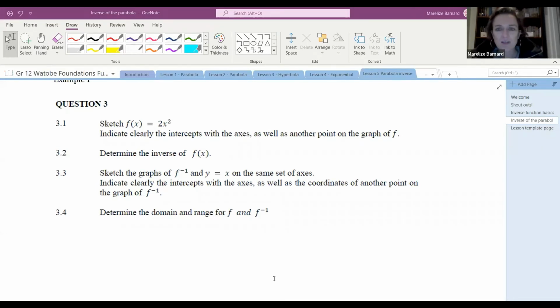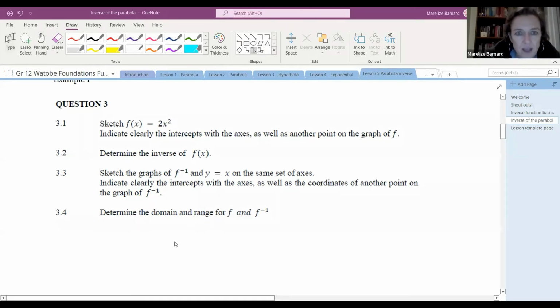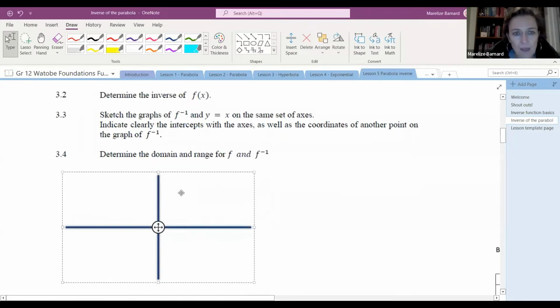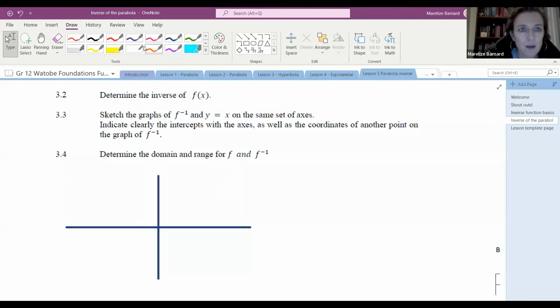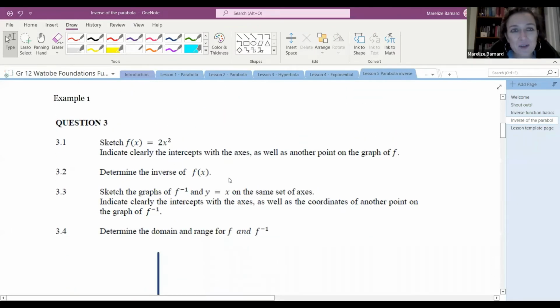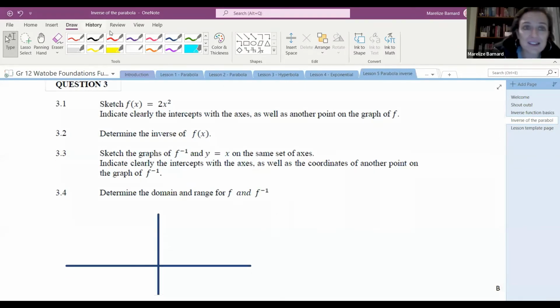Okay, so let's have a look. This sketch of f of x. Okay, so our parabola is 2x squared. Our a is greater than 0. So we have a happy face parabola.